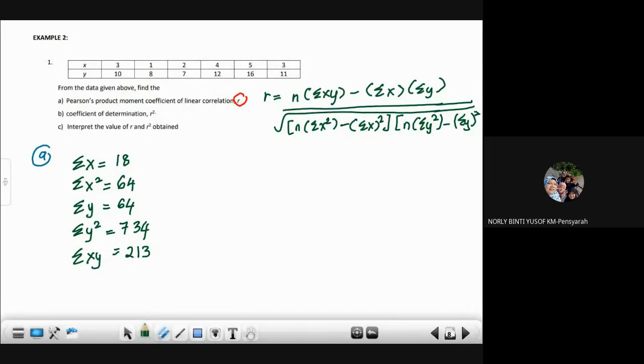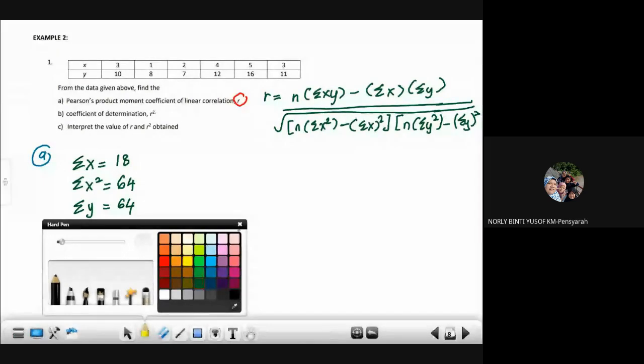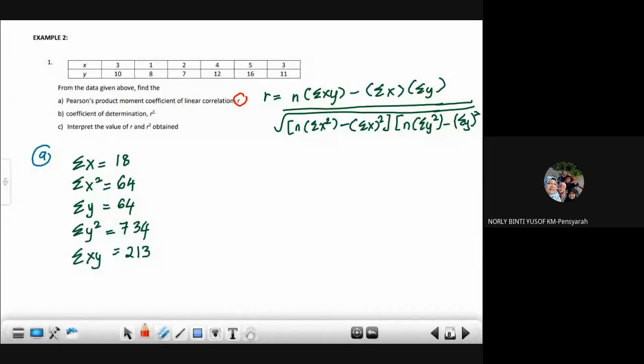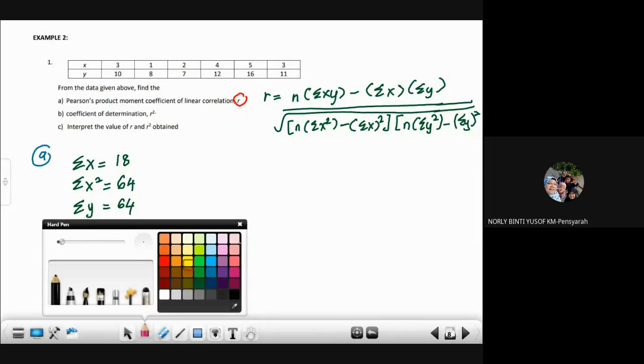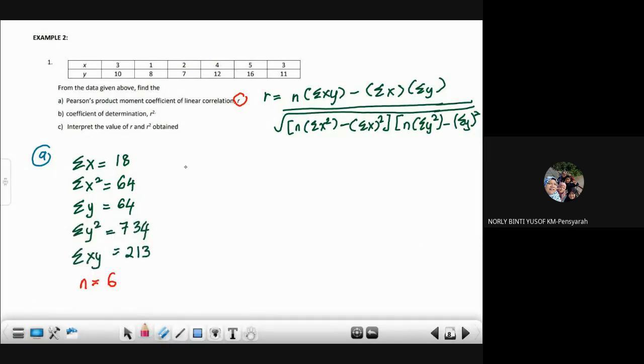And then you ada n tu, you tulis lah macam mana you identify dalam statistik kan. N you berapa, data you ada berapa, 6. Then you masukkan, insert dalam you punya equation for R. So masuklah dalam R, 6 times 213 tolak 18 times 64, divided by square root of 6 times 64 because n times summation x squared kan, minus 18 squared.